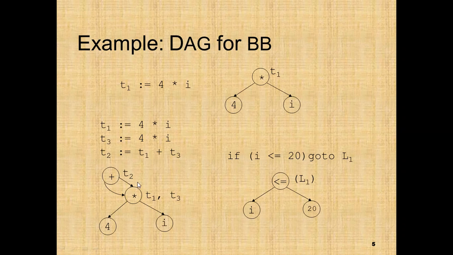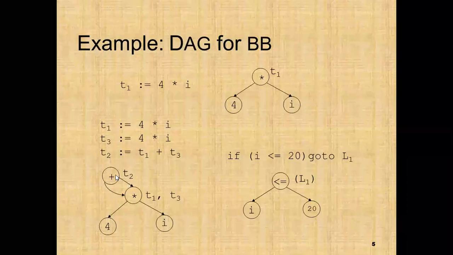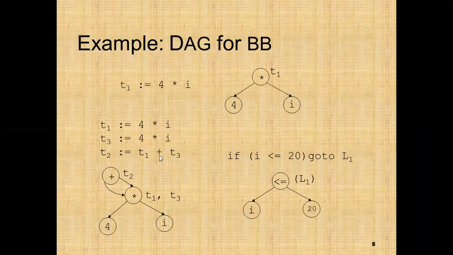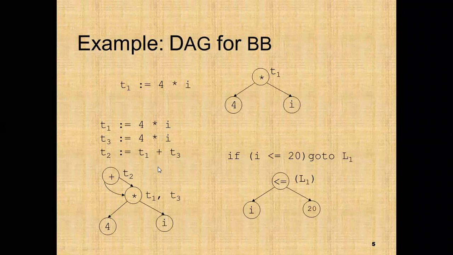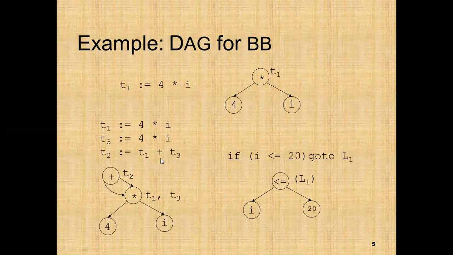Now come to this side. Here T2 has connectivity with T1 and T3. So just write here plus because this is the plus sign between T1 and T3. Now you are going to connect T1 and T3. You are going to add T1 and T3.